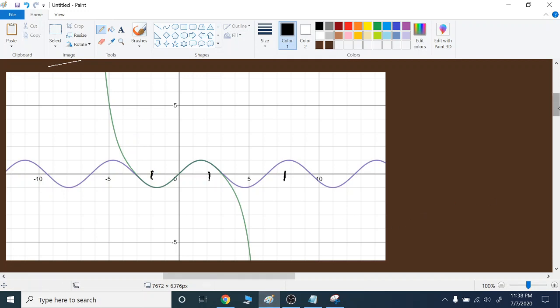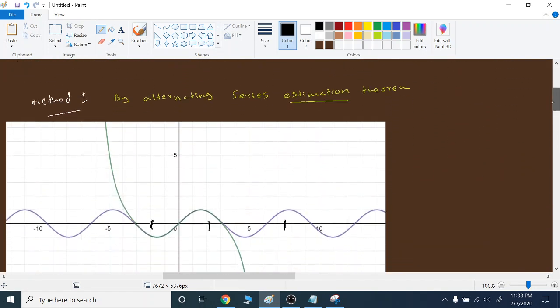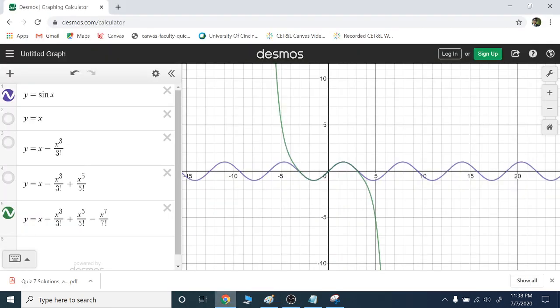Well, I think I have made some mistake, because this is the fifth degree Taylor polynomial, but I chose the seventh degree polynomial. What I should have chosen is this one, right? Okay, so sorry for that.